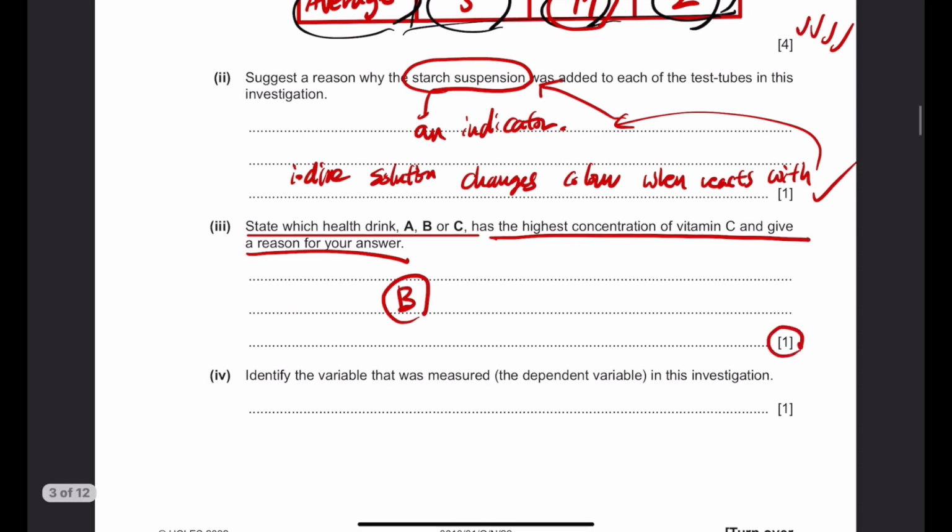However, you have to say B and say why. So it's B because the test tube B needed more iodine solution, or drops of iodine solution, than the others.